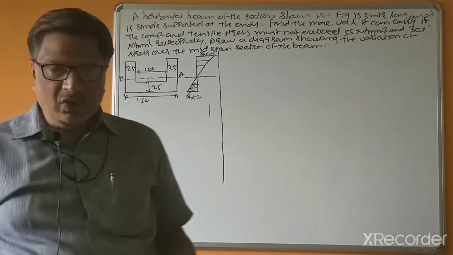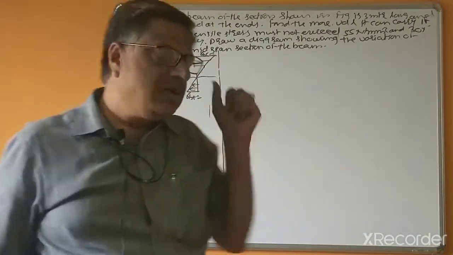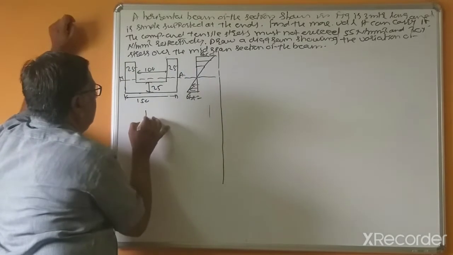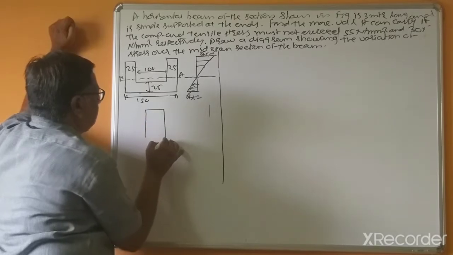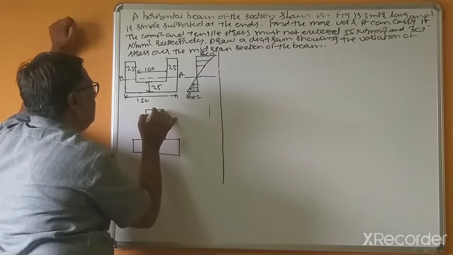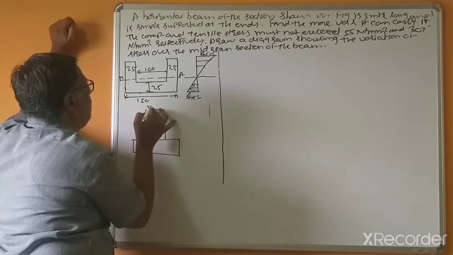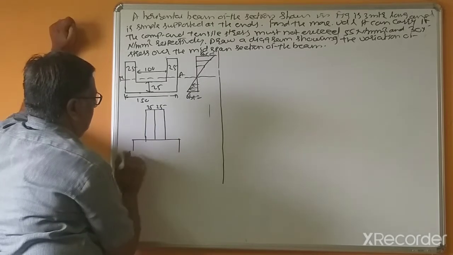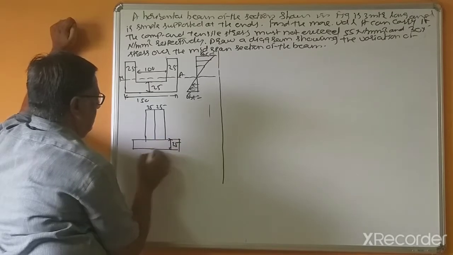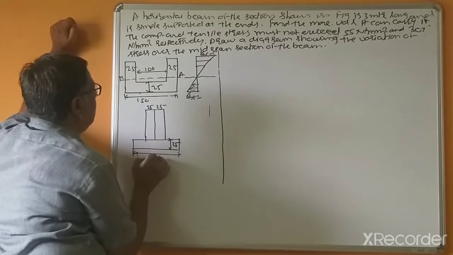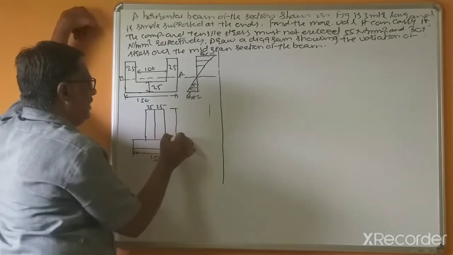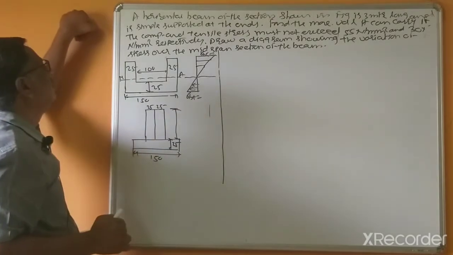Now, for simplicity of calculation, can we change this diagram and join these two sections? Likewise, it means an inverted T section. So this is 25, this is 25, this is 25, this is again 150, and this height we require.